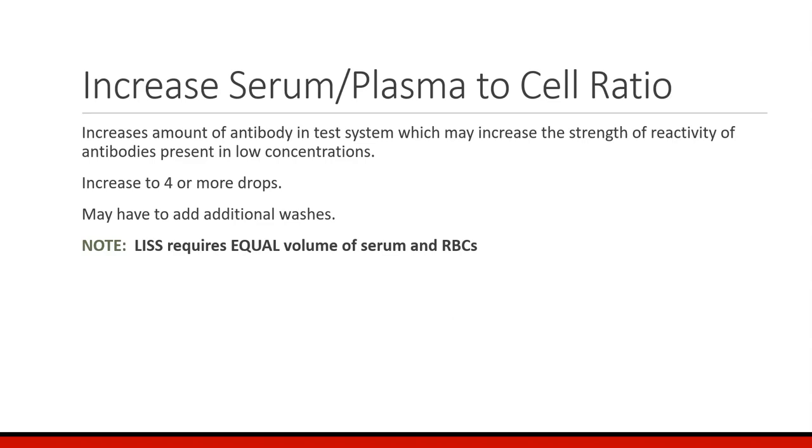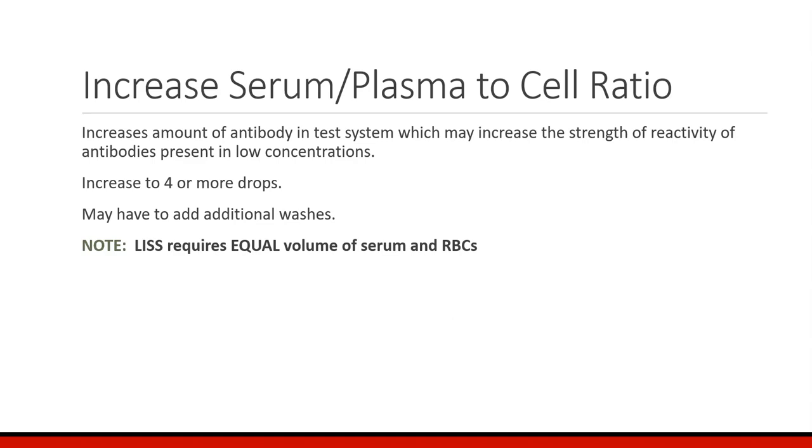Another tool is to increase the serum or plasma to cell ratio. This increases the amount of antibody in the test system, which may increase the strength of reactivity of antibodies that are present in low concentrations. And remember, our immune system is very, very good, but in some people over time, the antibody levels will decrease in titer, and it may be to the point that it's below the level of detectability.